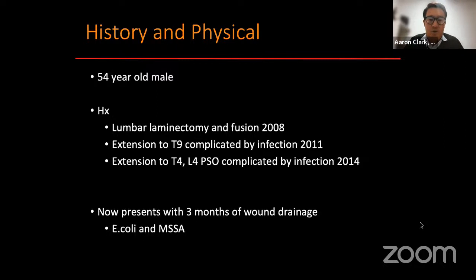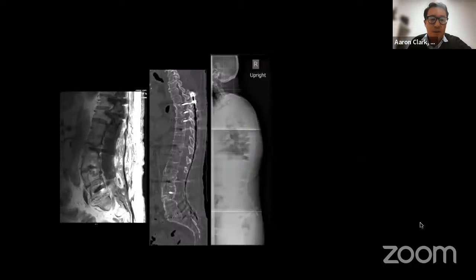The cultures superficially came back as positive for E. coli and MSSA. And on imaging, you can see on the left image, the contrast-enhanced lumbar MRI, there are persistent deep abscesses, which you can see as enhancing fluid collections in his lumbar spine.